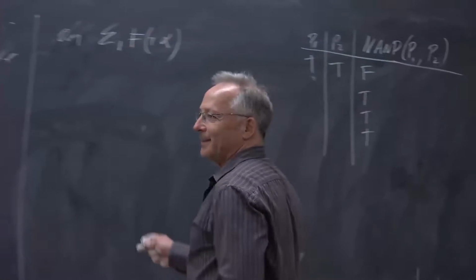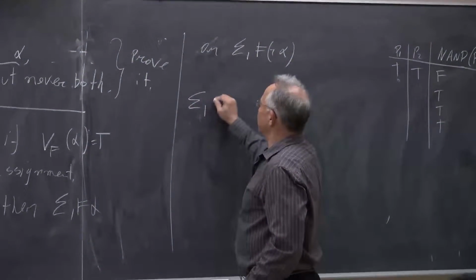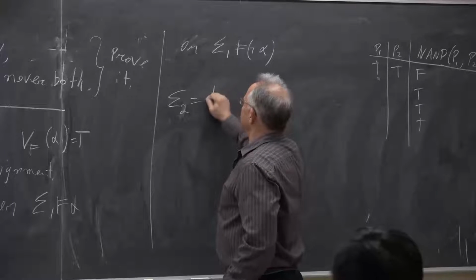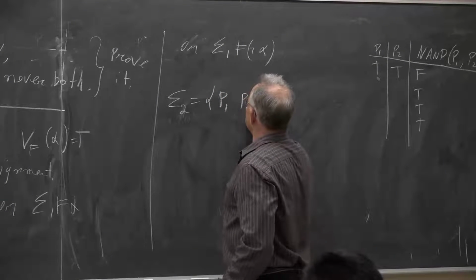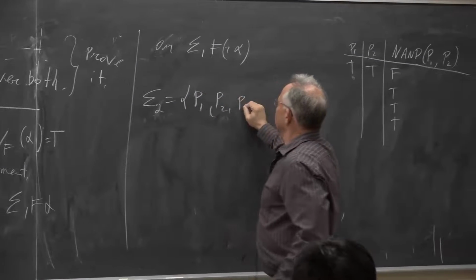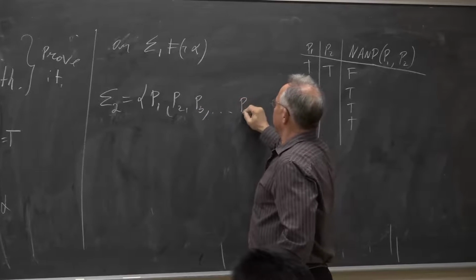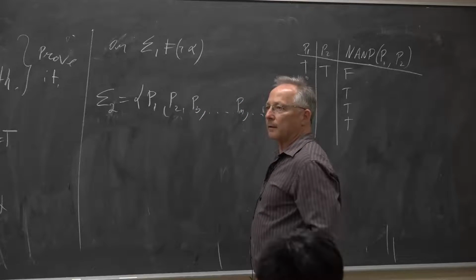So can you give me now another example of a satisfiable and complete set of formulas? Yes? The set of all propositional variables. Right. Why take negations there? Why be negative? So let sigma 2 be just the set of all propositional variables. Why overcomplicate things? Why not one propositional variable?